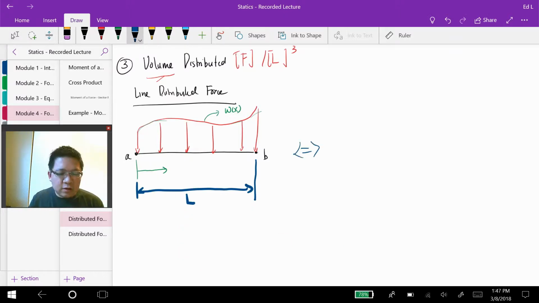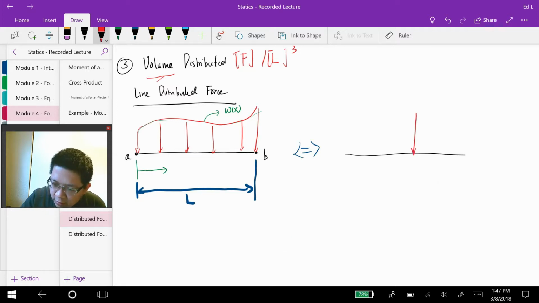Basically, external effects are like the reaction forces that we will discuss in depth later in module 5. To calculate the external effects, we can further simplify this distributed force into its resultant force.